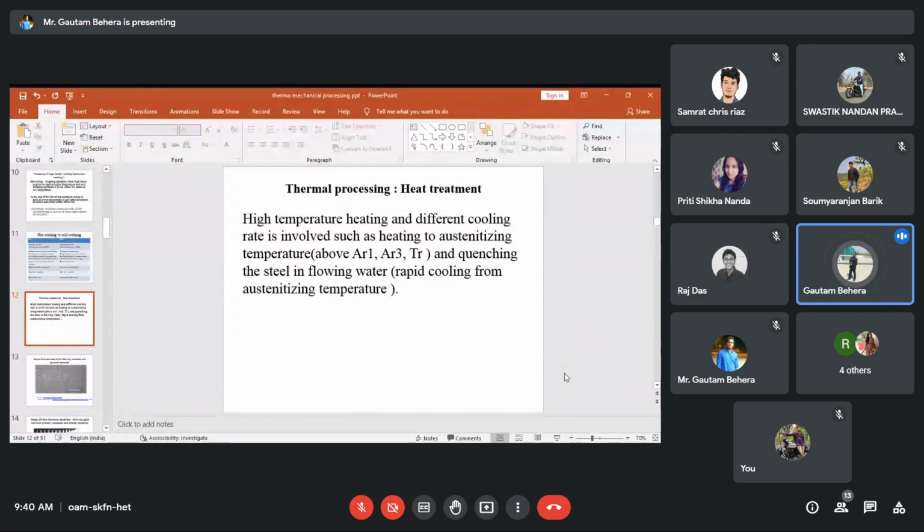Okay, anyways, I don't want to waste time. See, here R is there. We can write Ar1 or Ac1, basically, or sometimes we write Ae1. Similarly, we can write Ar3 or Ac3 or Ae3.